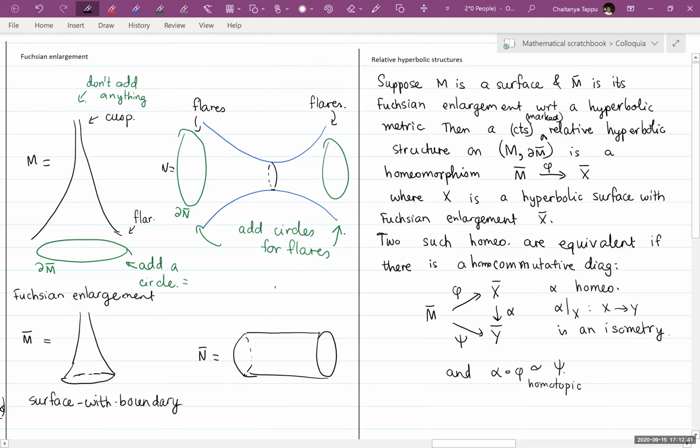So in some sense, we're looking at homeomorphisms, but if you just homotope that homeomorphism to some other homeomorphism, you still get the same relative hyperbolic structure. That's what's meant by keeping track of the marking.